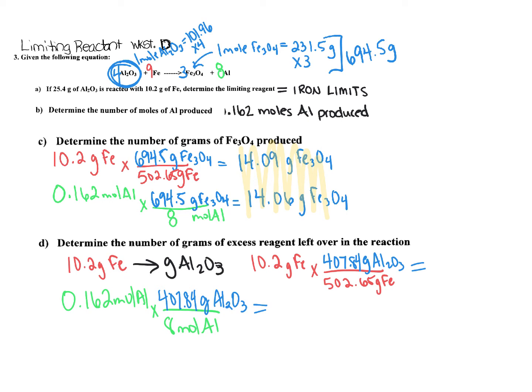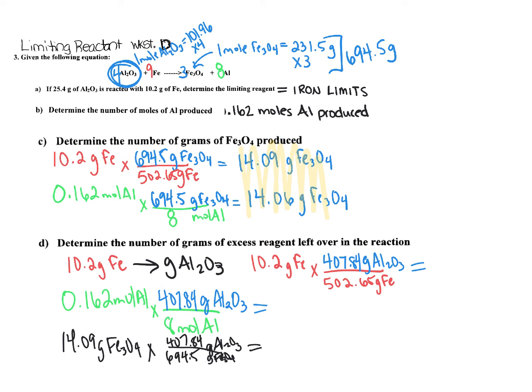I could also take my 14.09 grams of iron 3 oxide, and I can solve for my grams of aluminum oxide. Well, 407.84 grams. How many grams of iron oxide? Well, according to my previous problem, looks like 694.5. So I can solve that way.